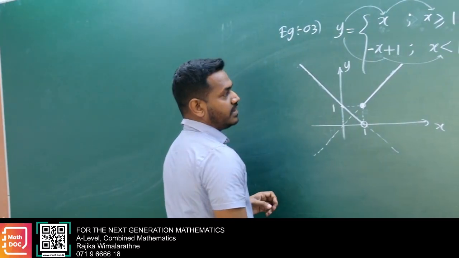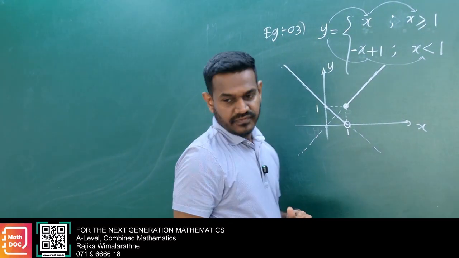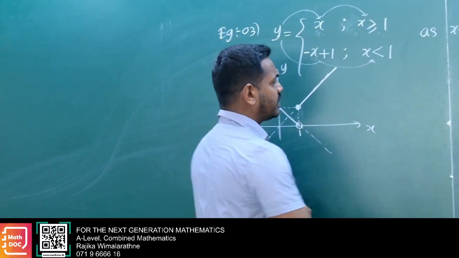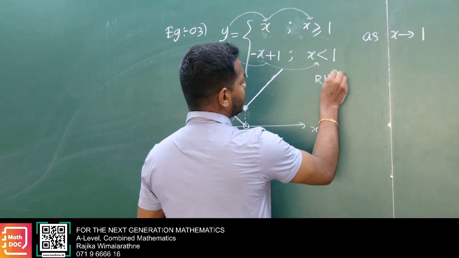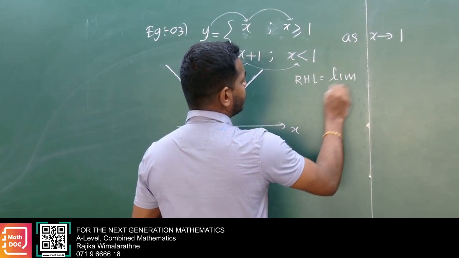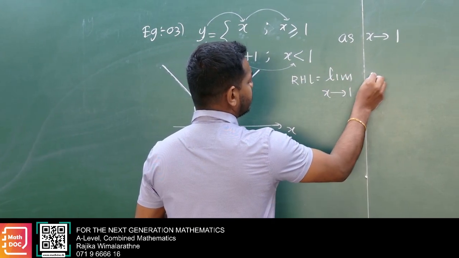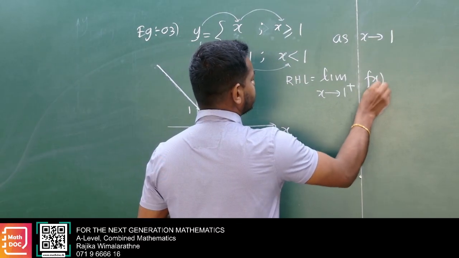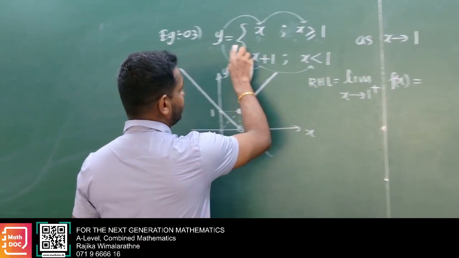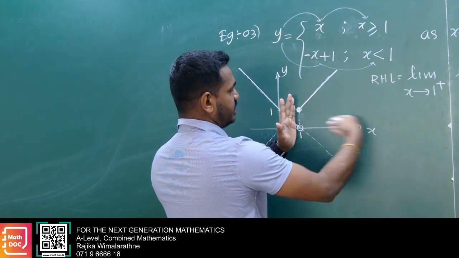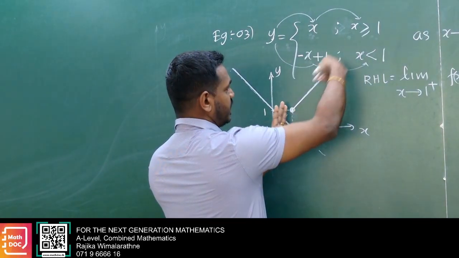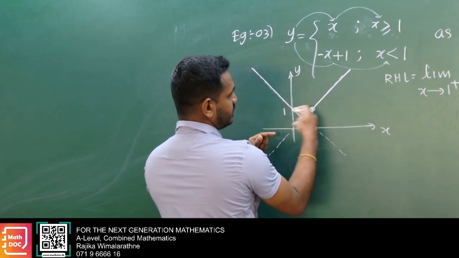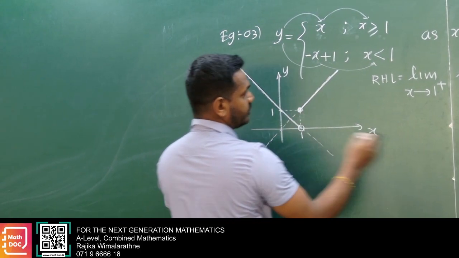Okay. Now when you consider this one, the right hand limit as x goes to 1 plus side of f(x). So it goes like this, the tendency is 1, it goes toward 1.